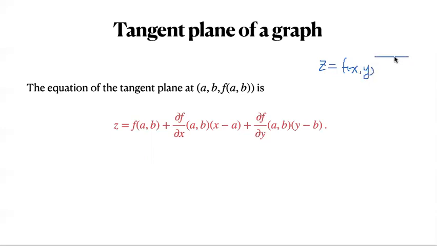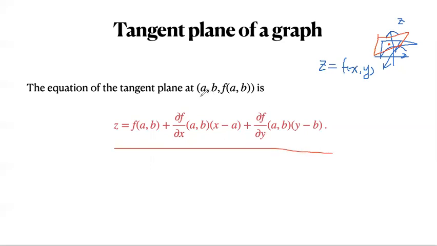If there are x, y, z coordinates and there is a surface, then we want to find a tangent plane at some point. And the formula is given like this.